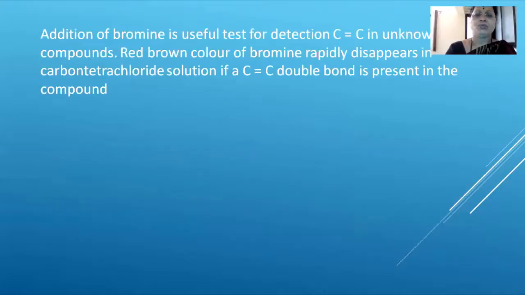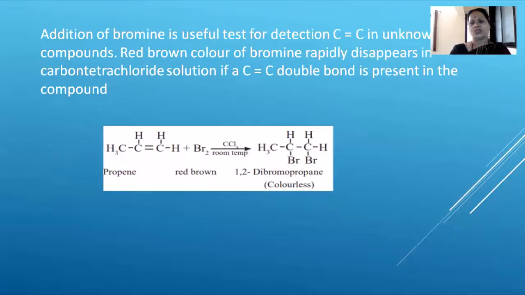Then addition of bromine is a useful test for detection of carbon-carbon double bond in unknown compounds. Now, why is it used as a test to detect double bond? Because red-brown color of bromine rapidly disappears in presence of carbon tetrachloride solution if carbon-carbon double bond is present in that compound.